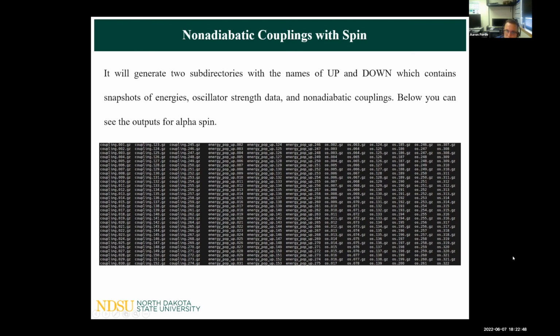And usually what you see in experiment is an average value. So you can take the average of all the energy pop files, and you can either take the average of all the OS strength files or just combine them into one big file and plot the spectra that way. Yeah, so those are two possible things to do with all these files.